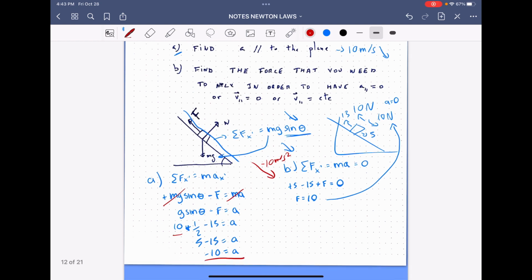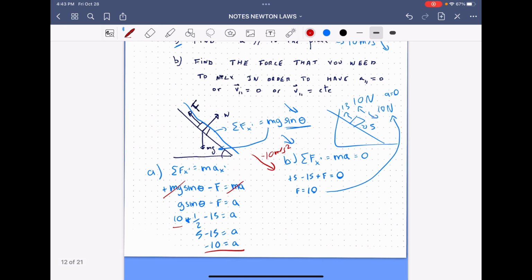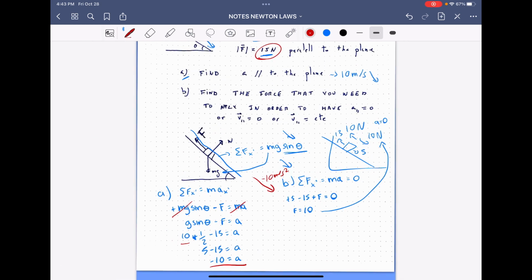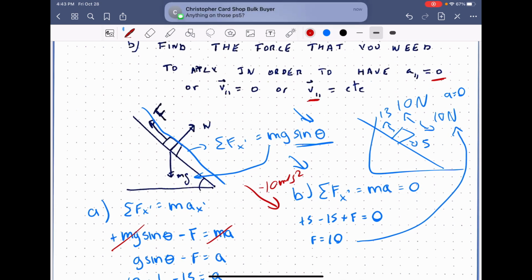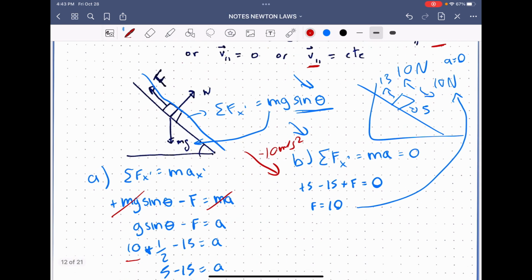And then in order to find B, it says find the force that you would need to apply in order to have the force parallel to the plane equal to 0, which means it's at equilibrium, right? Which means that v is constant. So it would be F of x equals ma equals 0.